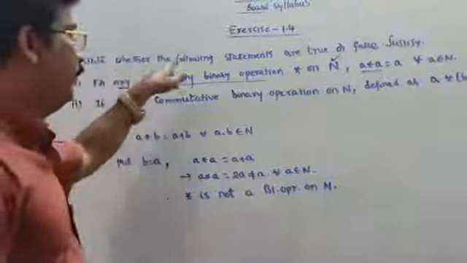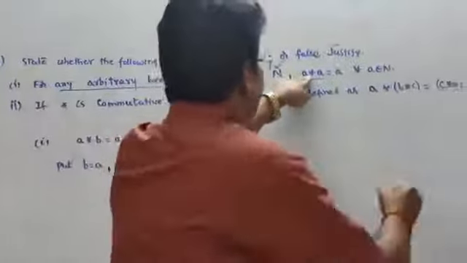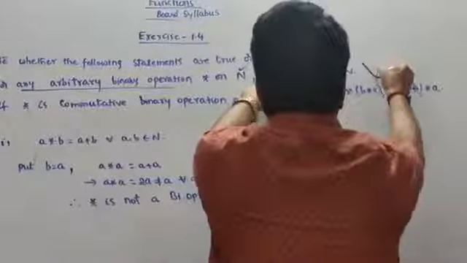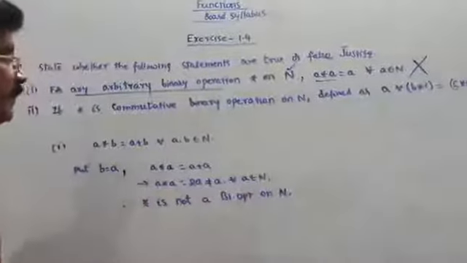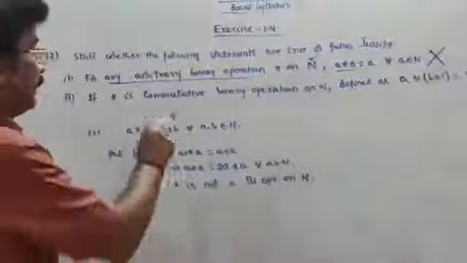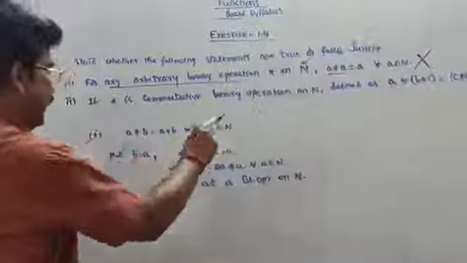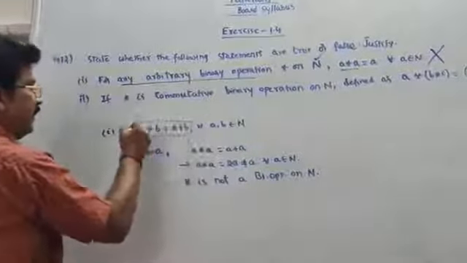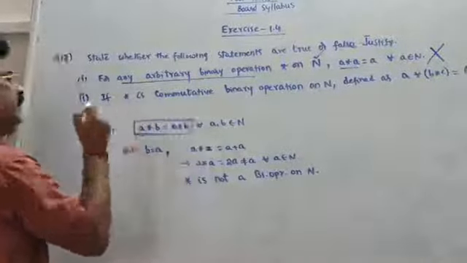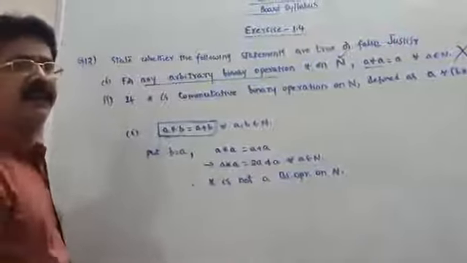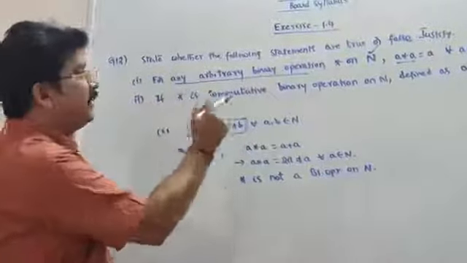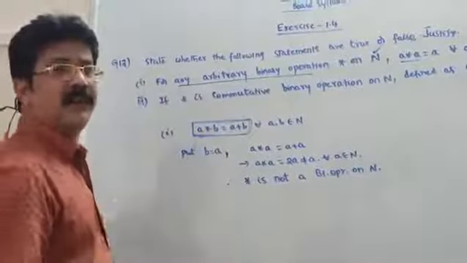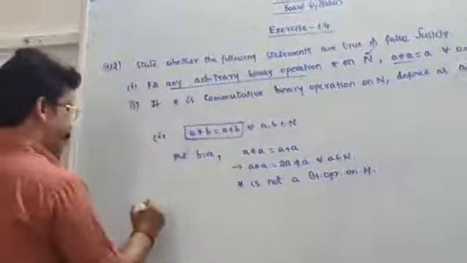But he said it is a binary operation. Therefore this first statement is false. To show that the first statement is false, I took this operation. I defined it like that. You can define it any way to show that the first statement is false. Okay? Right.